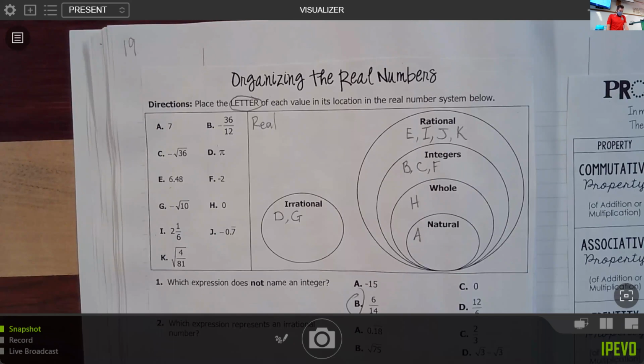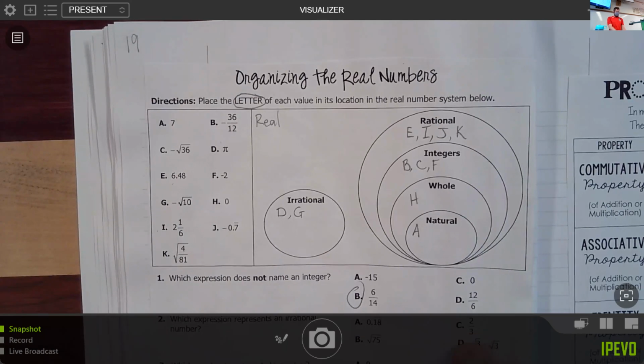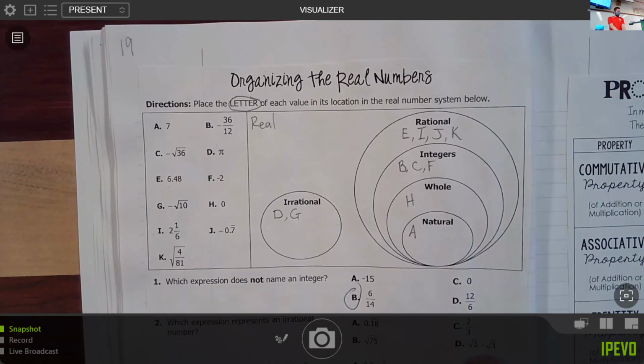Let's see, which of these is irrational? On number 2. Irrational. Repeating decimal, that's rational. 2/3, that's rational. So it's one of these two. It's B or D. So do we think it's B or do we think it's D? Because these are both square roots. What do we think? B?